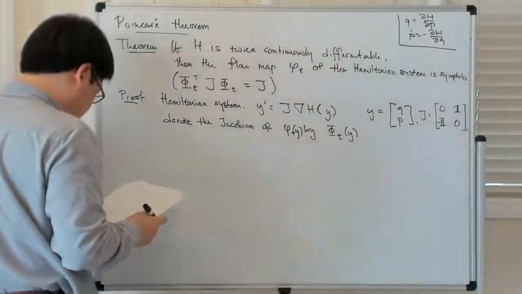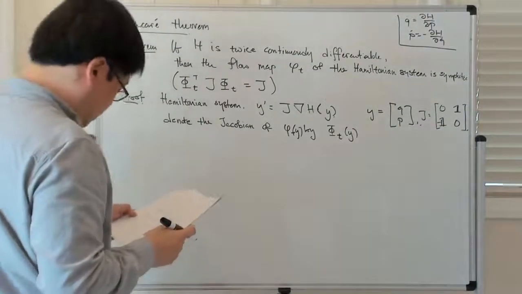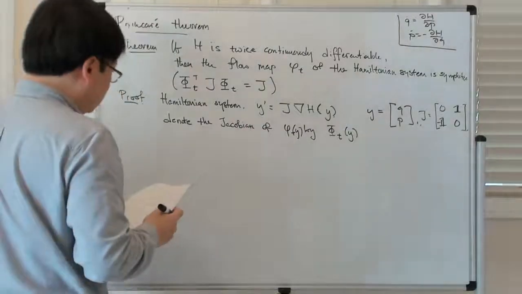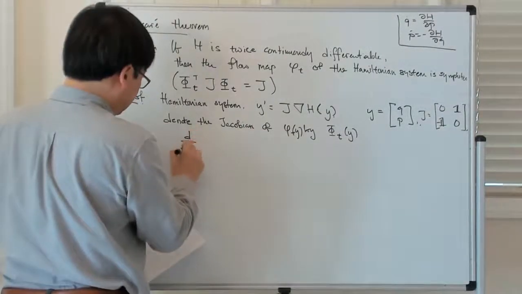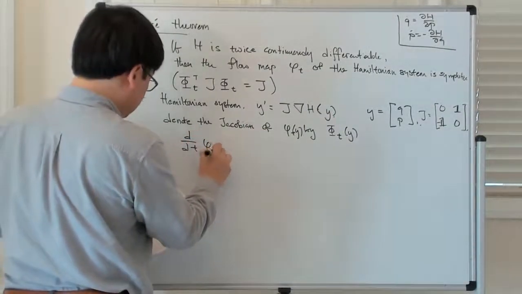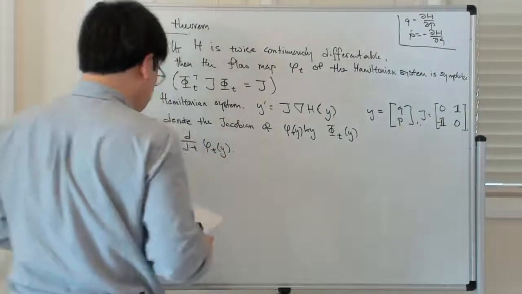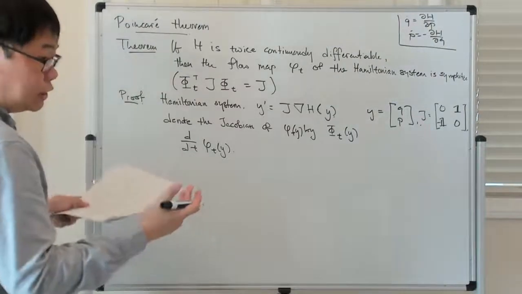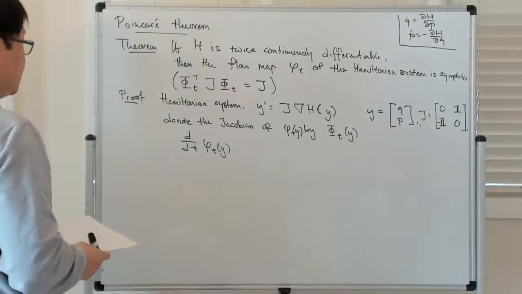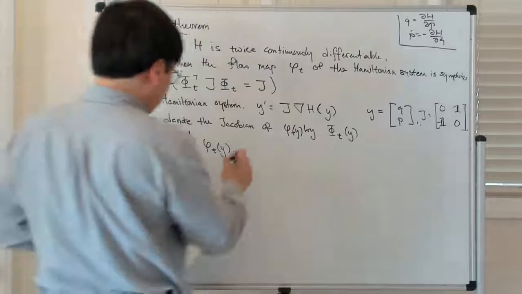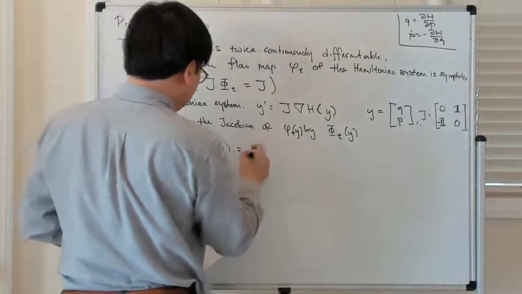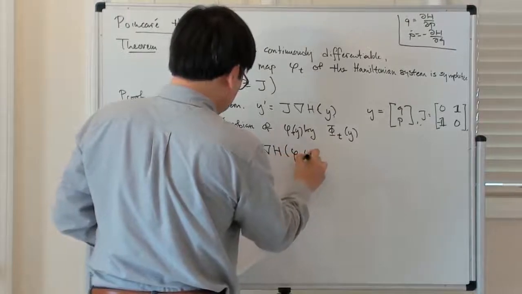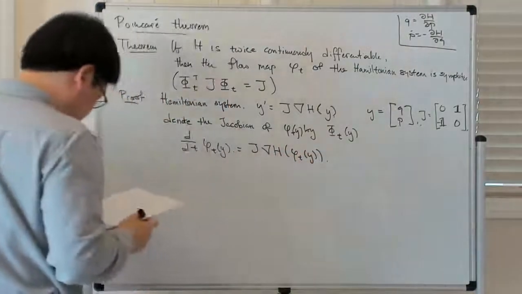Then we observe the following, that the time rate of change of the map, applied to a given point, is of course a solution curve of the Hamiltonian system, so it satisfies the differential equation in some appropriate sense, J gradient H.